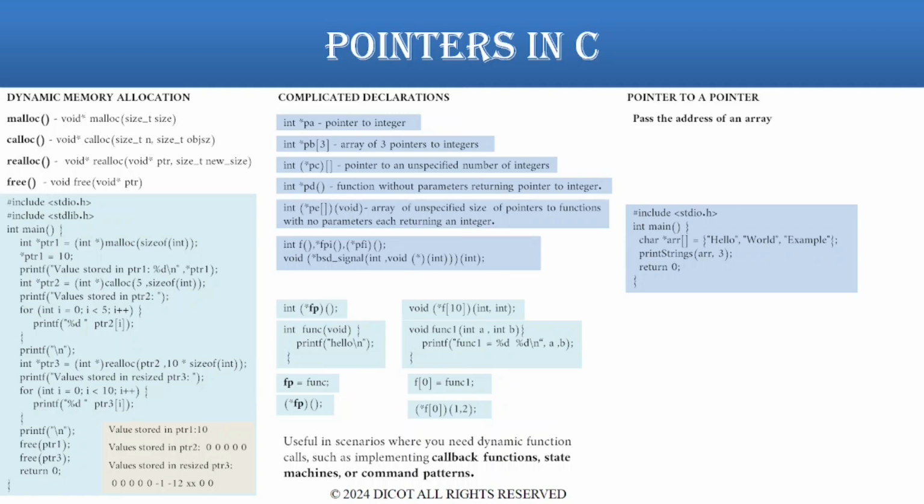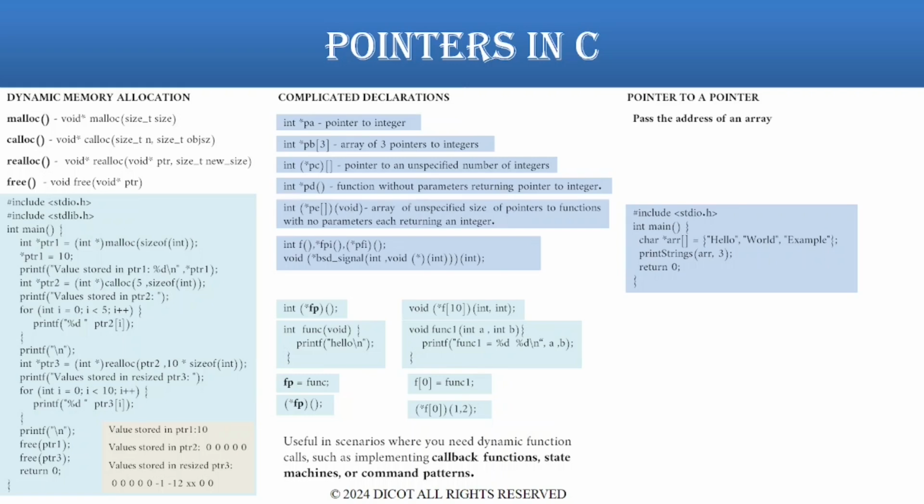Each element of the array is a pointer to a string. This is effectively a one-dimensional array of strings, where each string is in turn an array of characters. So this is nothing but a two-dimensional array, in fact. ARR of 0 points to the string hello, ARR of 1 points to the string world, and ARR of 2 points to the string example.